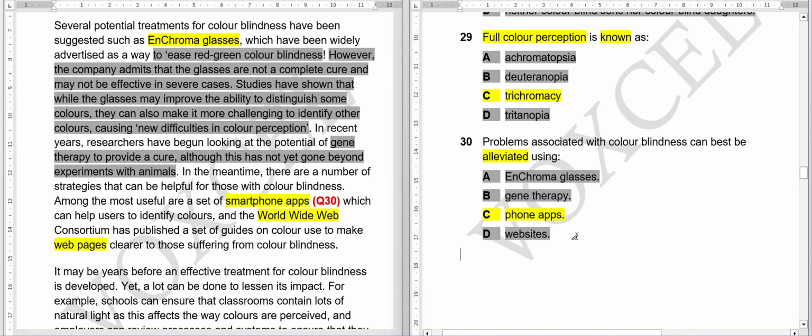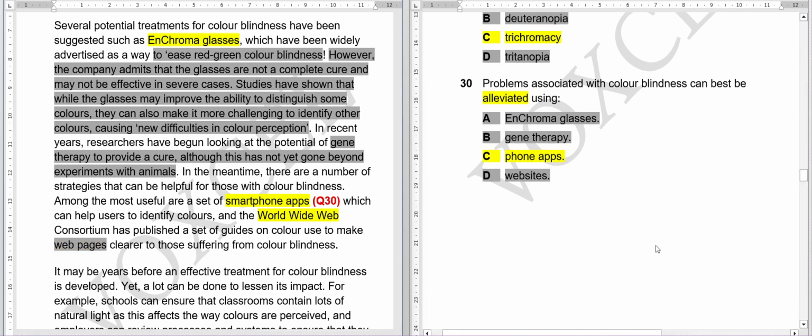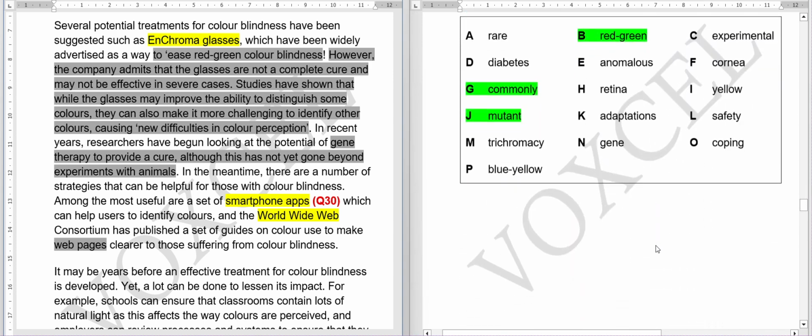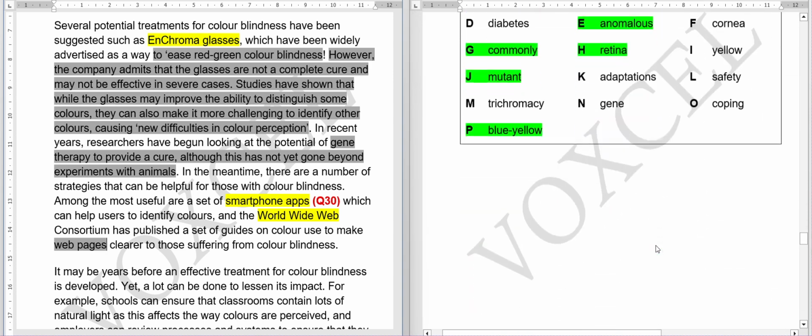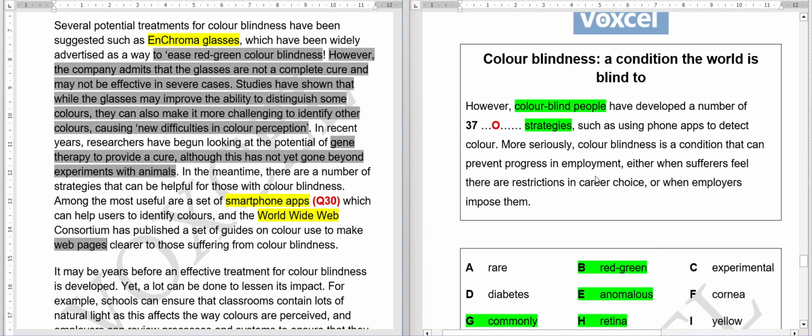And websites are dependent on the phone apps itself. Clear? I hope it is clear. So now let's see if what we have read is here or not. When I read about their phone apps, I thought phone apps could be our answer, and luckily it was.